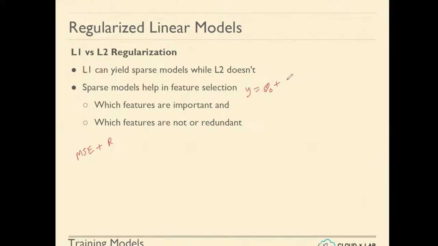So here y will be theta 0 plus theta 1 x1 plus theta 2 x1 square plus theta 3 x1 cube plus theta 4 x1 power 4. Okay, so assume we are fitting here a degree 4 polynomial, right?